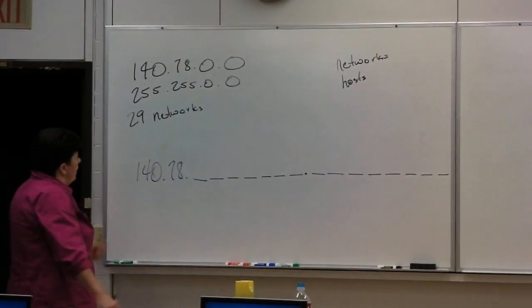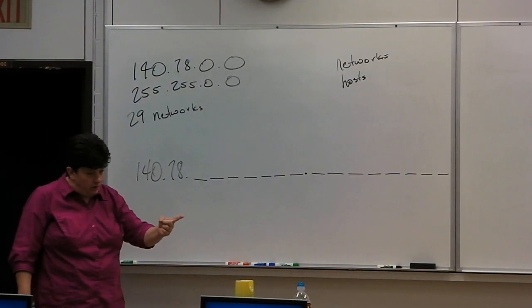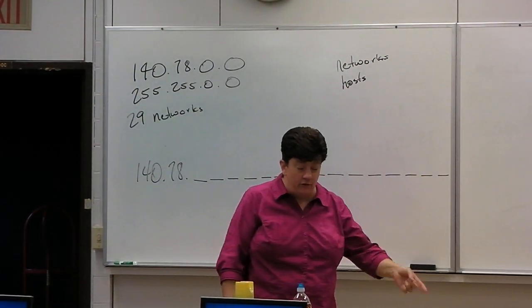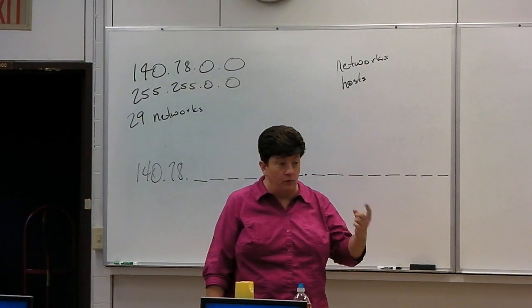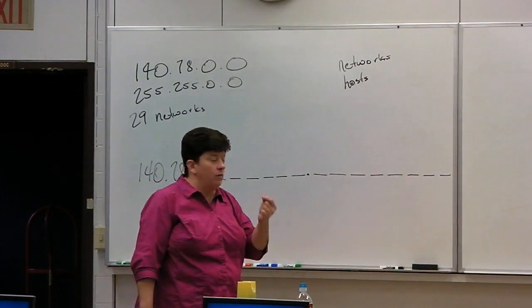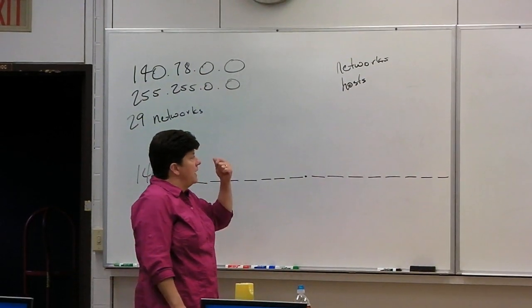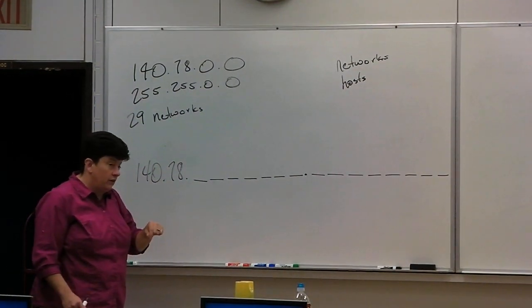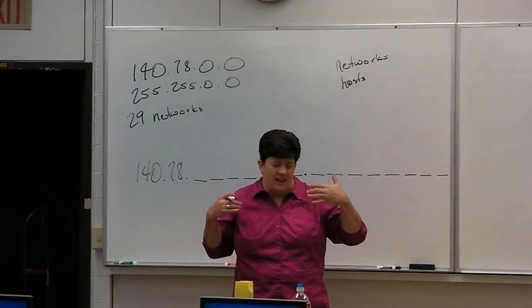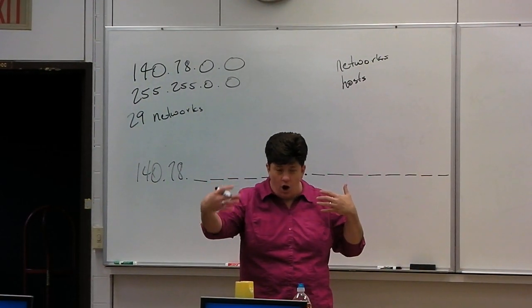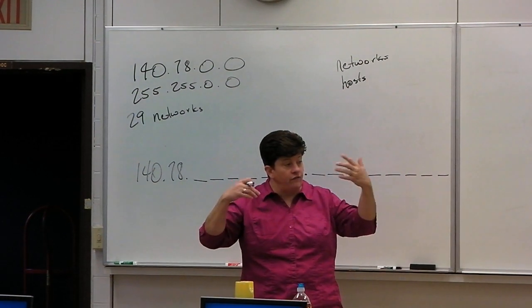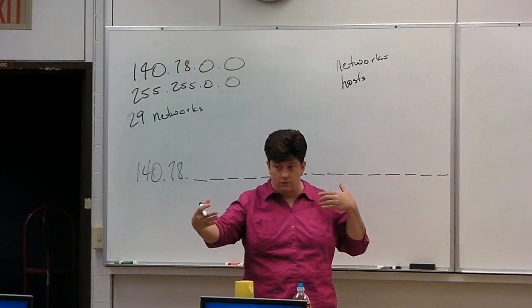So right now we're starting off with one network, and on that one network I have 65,534 possible hosts, assignable addresses. I don't want to assign them all. I want more networks, and it's a give and take. If I get more networks, then every network has fewer hosts on it. You can't affect one without affecting the other.